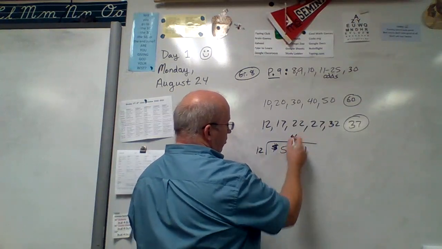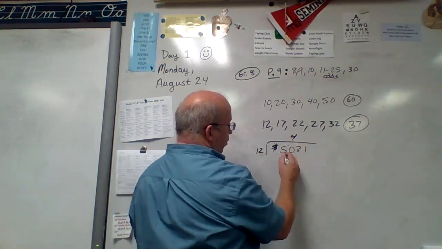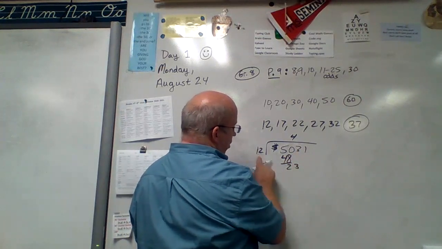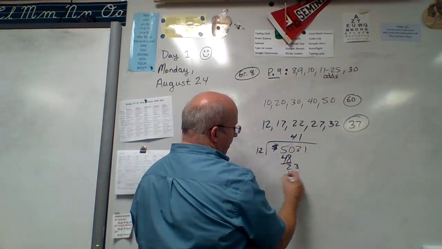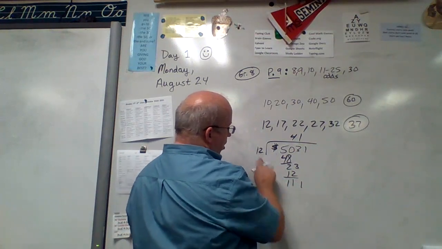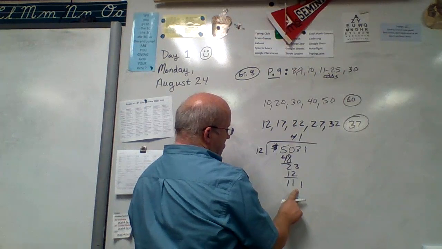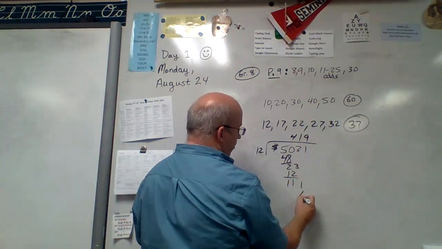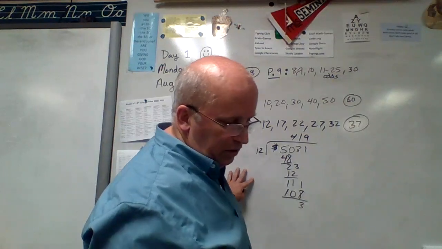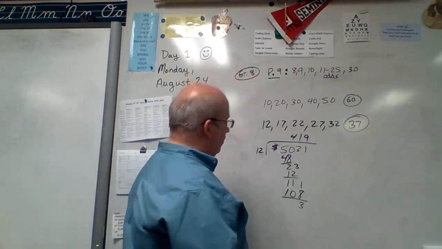which in this case, 12 goes into 50 4 times. Bring down the 3. 12 goes into 23 1 time. 12 goes into 111. How about 9 times? Do you think we're going to get an exact answer out of this? Well, let's keep working.